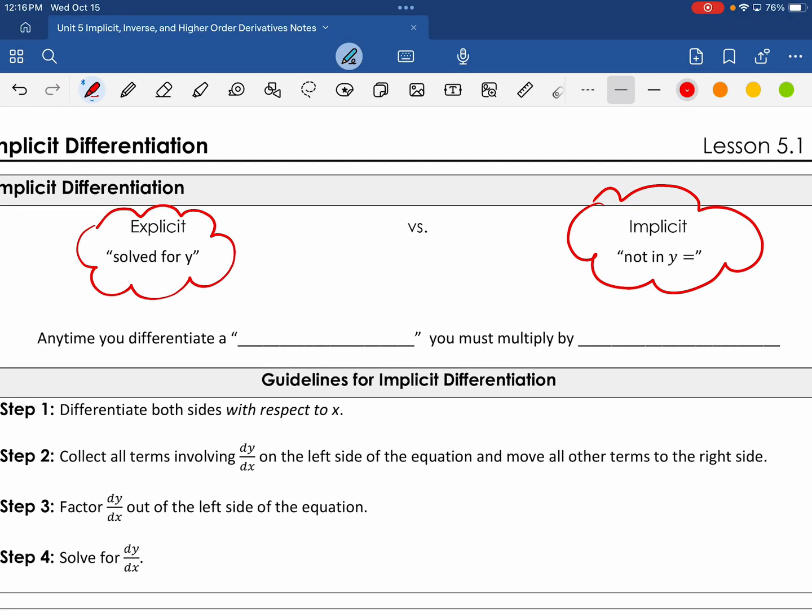All right, so what we're going to do is anytime you differentiate a y term, which means a term that has y in it, you have to multiply by dy dx.